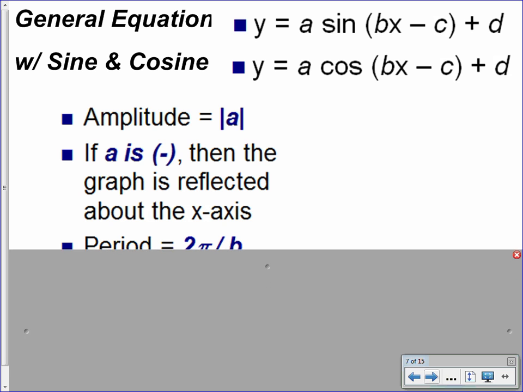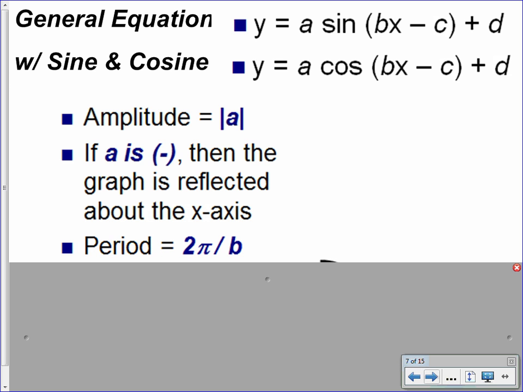So the period we find by taking 2 pi over b. 2 pi is the period of our parent functions. B is going to affect that, so we're going to take 2 pi divided by b to figure out what our period is.